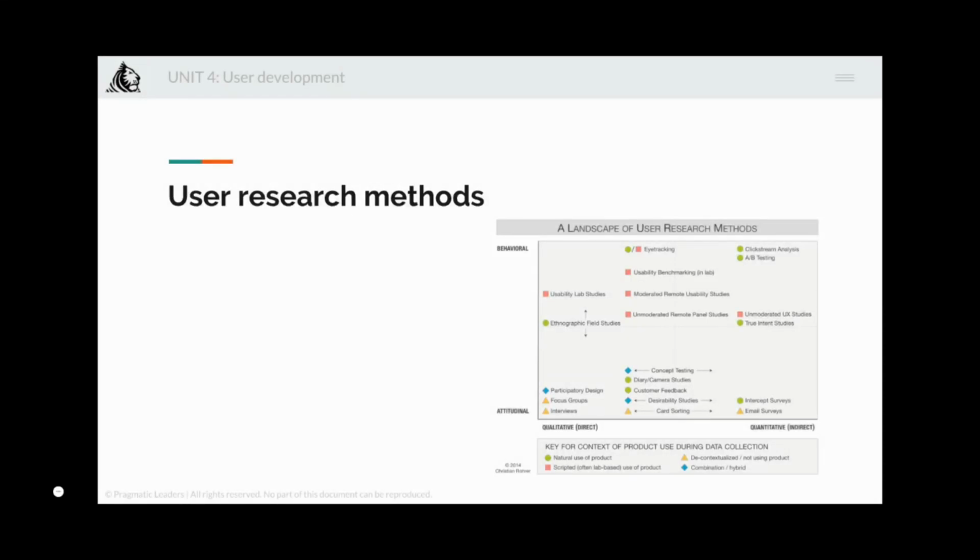So the user is then sorting those cards as per his understanding of how all these menu items should go, where should they file in. Second level mein kya hoga, primary items kaun si hongi, secondary items kaun si hongi, tertiary items kaun si hongi, and so on. So that gives you a very good insight into users' mental model of an information space and can help determine the best information architecture for your product.